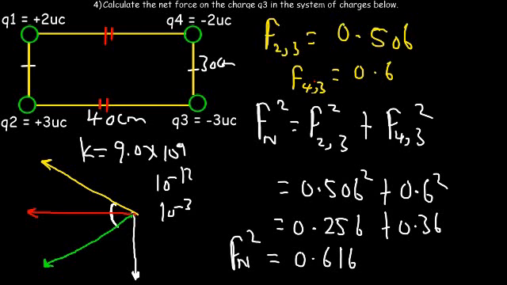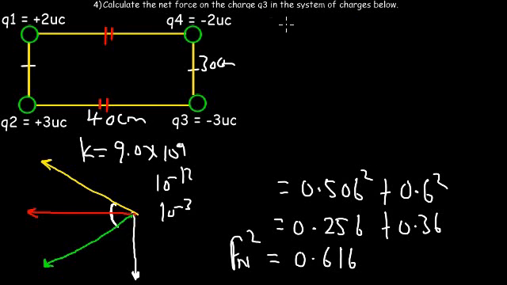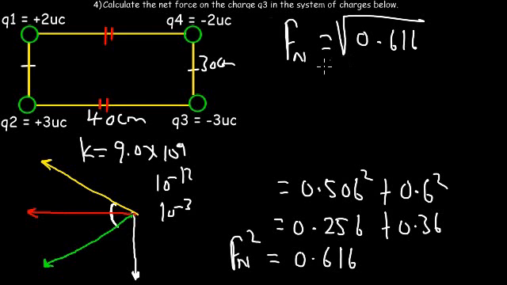Finally, we need to take the square root of both sides to have our final answer. So F sub n will be equal to the square root of 0.616, which is 0.785 Newton.